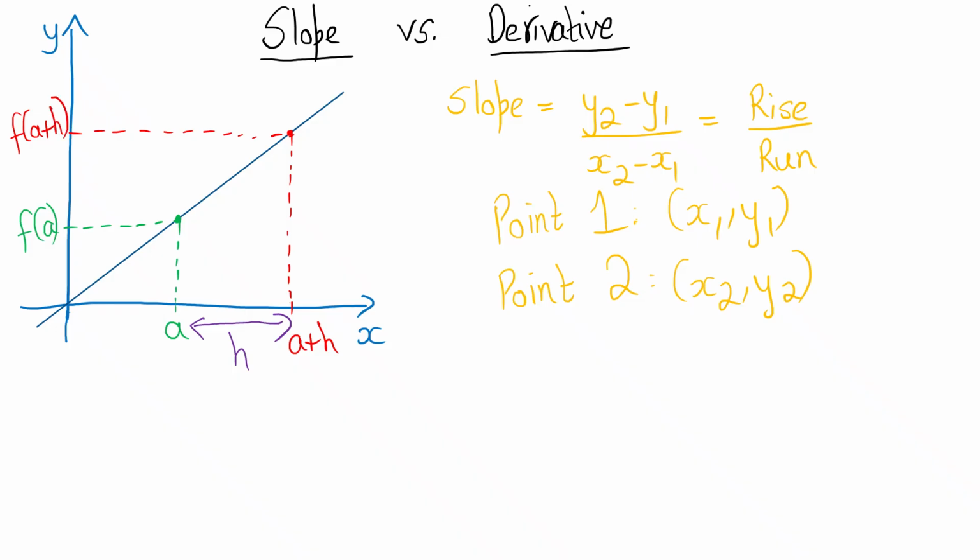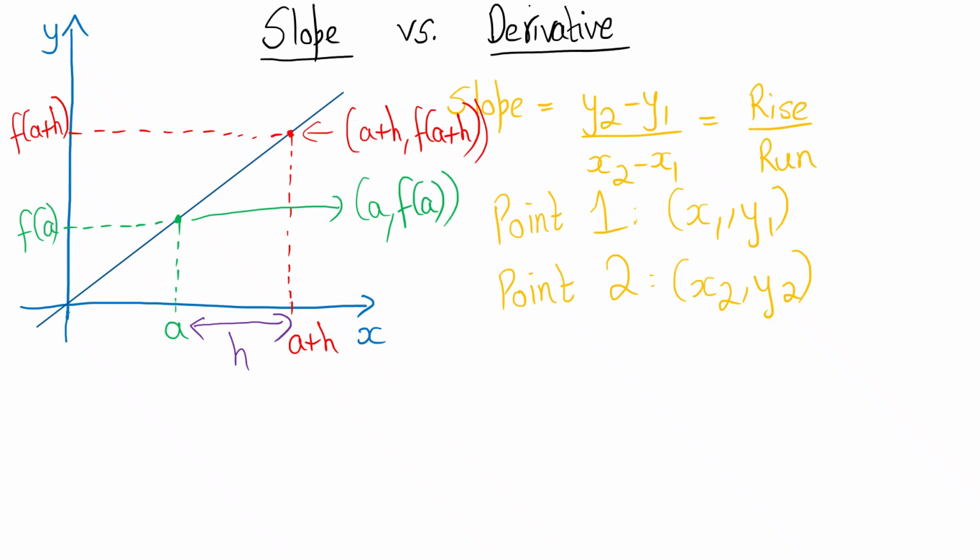So this red point should be (a plus h, f of a plus h), and my green point will just be (a, f of a).